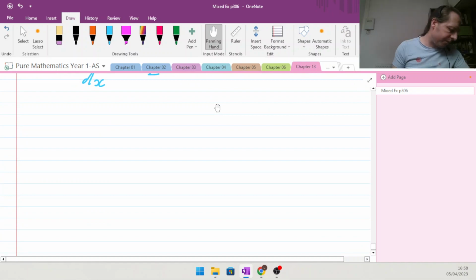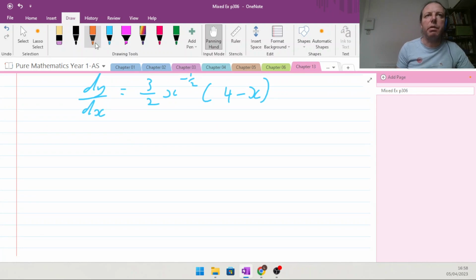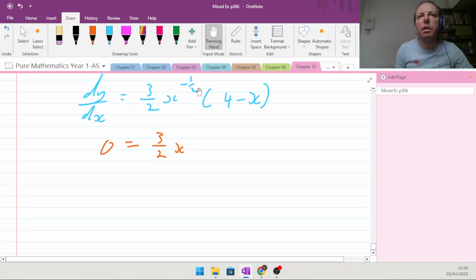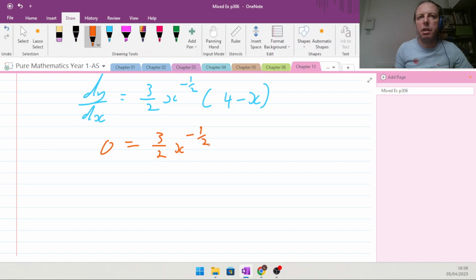With that done, we can look at the point B on the curve. The tangent to the curve is parallel to the x-axis, making it a maximum. Find the coordinate of B. So because of that, we can set this equal to 0, because it's a maximum, and we can then solve for x to the minus a half (x minus 4).